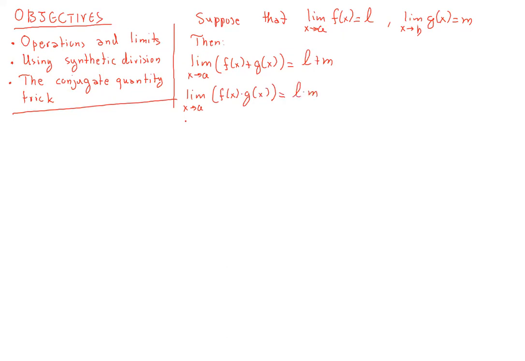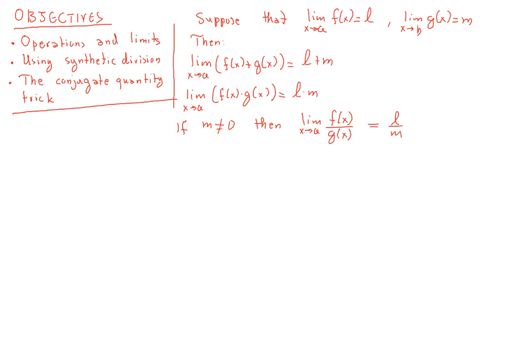And if m is different from 0, then the limit as x tends to a of f of x over g of x is equal to L over m.